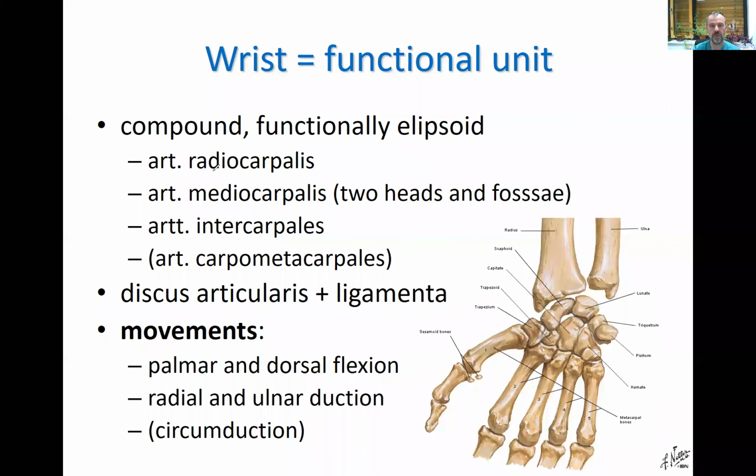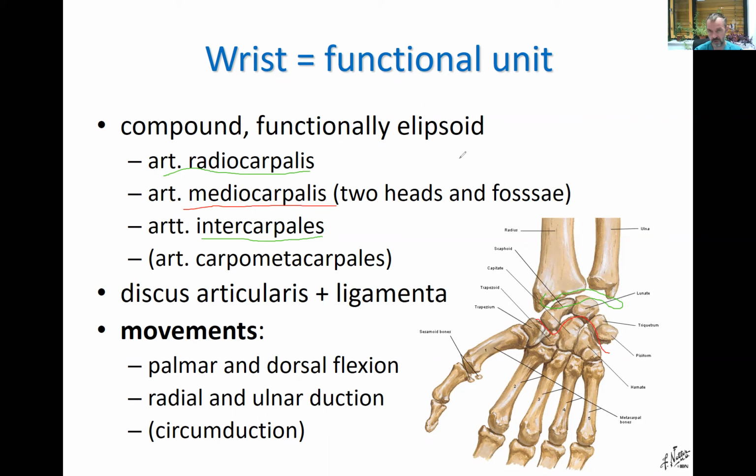So it is composed of the wrist or radiocarpal joint, which we find here. Then it's composed of intercarpal joints, and we have a line between the proximal and distal row, which we call the medial carpal.